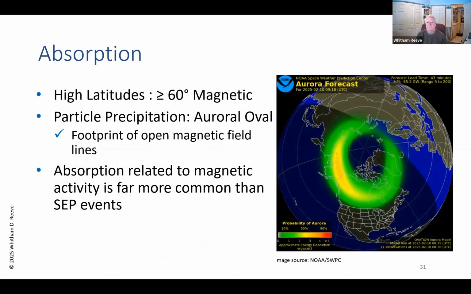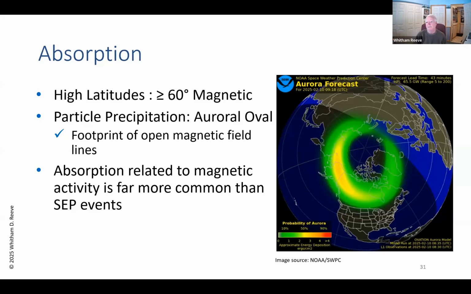Now, this particle precipitation occurs around the auroral oval, shown in green and yellow here on the right-hand side, which is the footprint of open magnetic field lines. These are magnetic field lines that have been opened because of the magnetic disturbance associated with a coronal mass ejection or a high-speed stream.